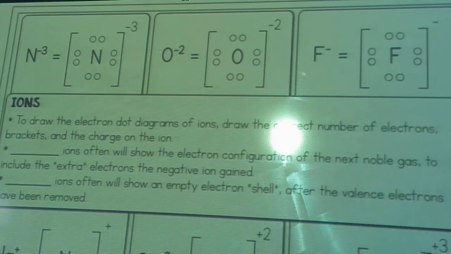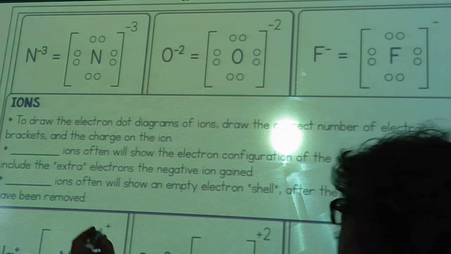When we talk about ions, ions work a little bit differently. Remember, ions are atoms that have either extra electrons, which makes them negative, or are missing some electrons, which makes them positive. So when we draw electron dot diagrams of ions, we do it a little bit differently.